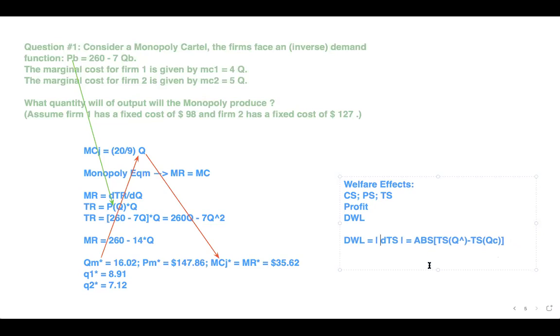But you're going to be calculating the change in total surplus relative to competition and showing that in all other cases except for competition, because obviously if this was QC, then that amount would be zero. And that's what the first fundamental welfare theorem tells us, that there's no deadweight loss associated with competition, period.